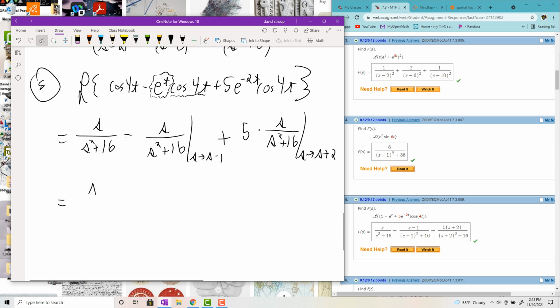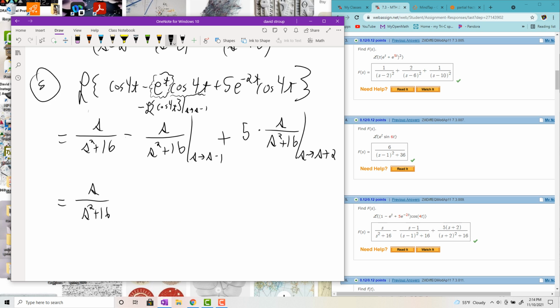Then you just do your substitutions. I apologize, I did skip one intermediate step where I'm rewriting everything by kicking out the second term, minus Laplace of just cosine of 4t, but then I have to shift the s over to s minus 1.